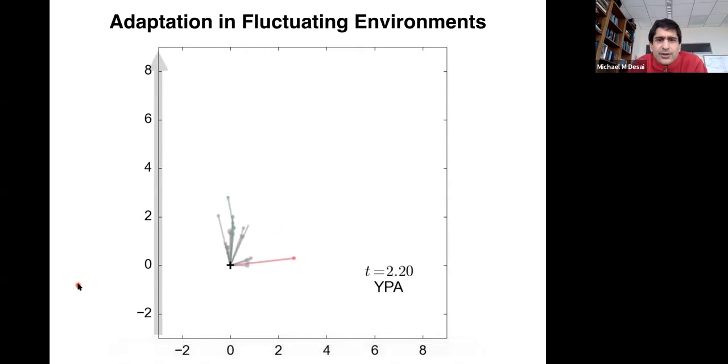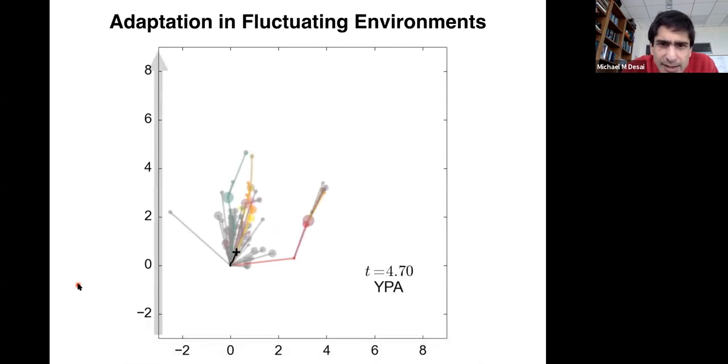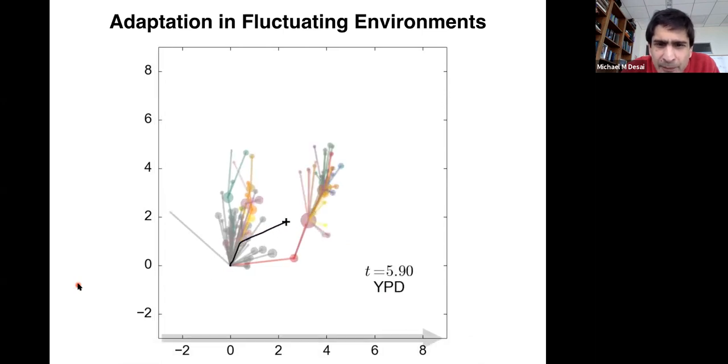I'm going to take a minute to play what happens as we evolve, switching back and forth between the way that we select in these two environments. You can see in black the mean fitness of the population in the two environments.